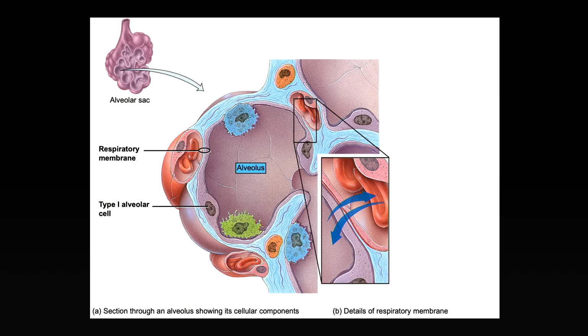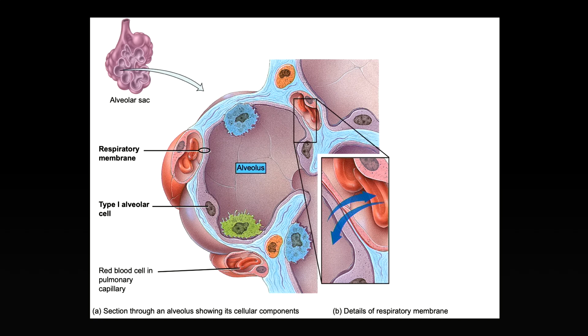Zoomed in this far, it doesn't seem so thin, but on the large scale of things, it's almost imperceptible. Microns of thickness, and in very close proximity to red blood cells in the capillaries. You can see the red blood cells shown here, capillary on the left and capillary on the bottom. Lots of opportunity for gas exchange.